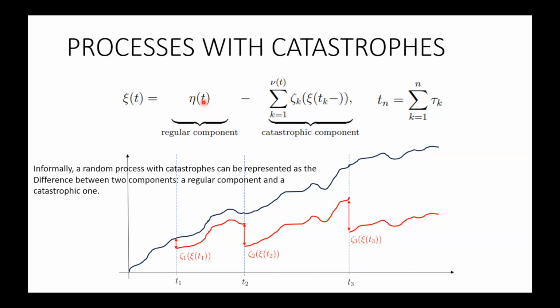This formula will be the exact definition of the process with catastrophes. You see that there are a lot of processes that can be represented in this form. And we started to analyze what is really the process that we can call a catastrophe. What does catastrophe mean for such processes?